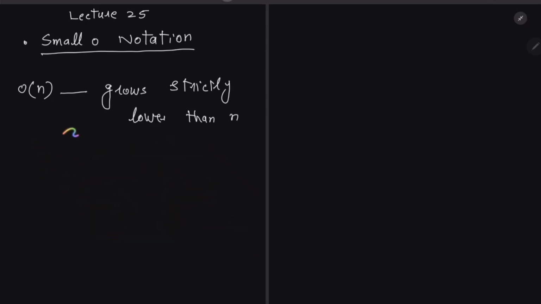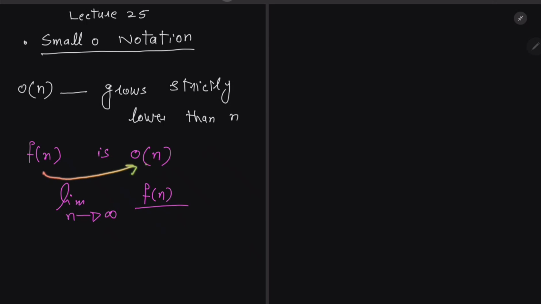Now when we say that some function f of n, which depends on n, is small o of n, it means that as n approaches infinity, that function is far less than n.